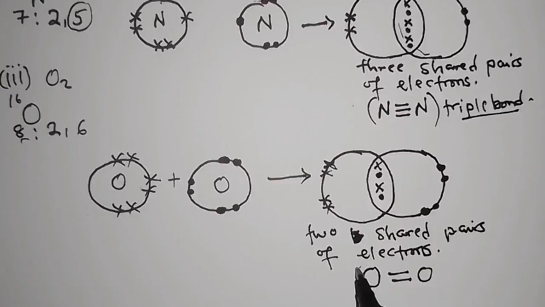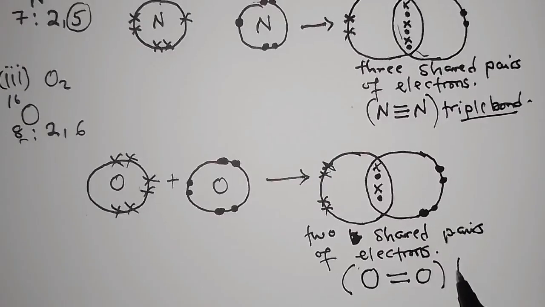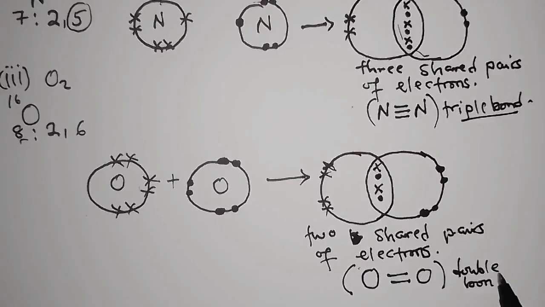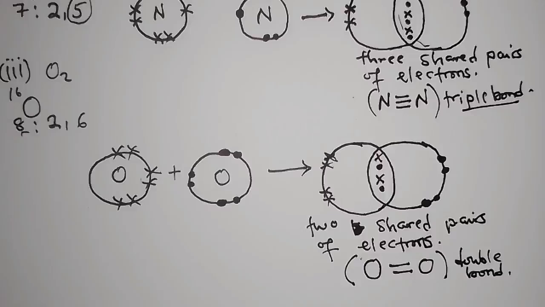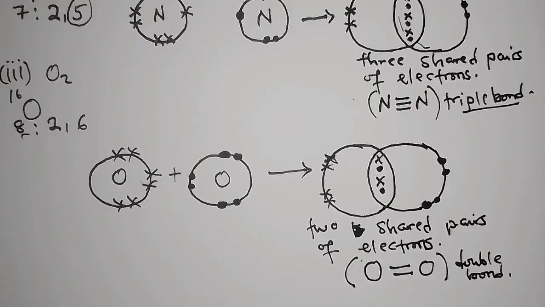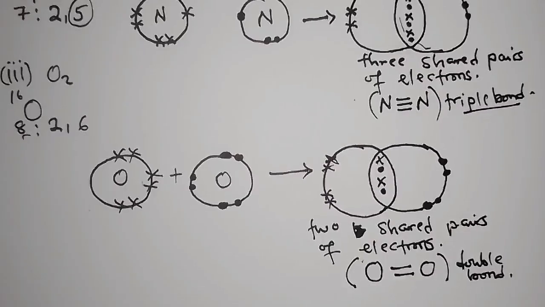This is called a double bond. So, guys, that is how we can share electrons.